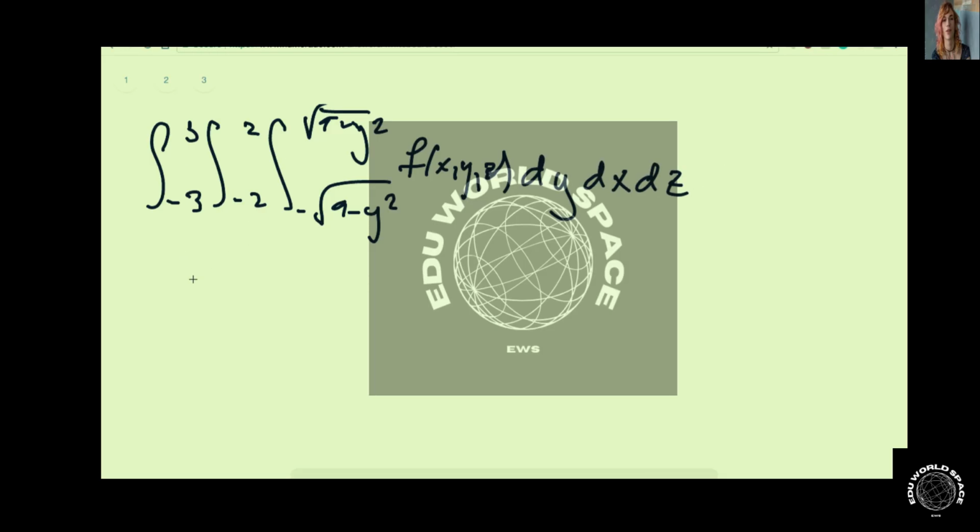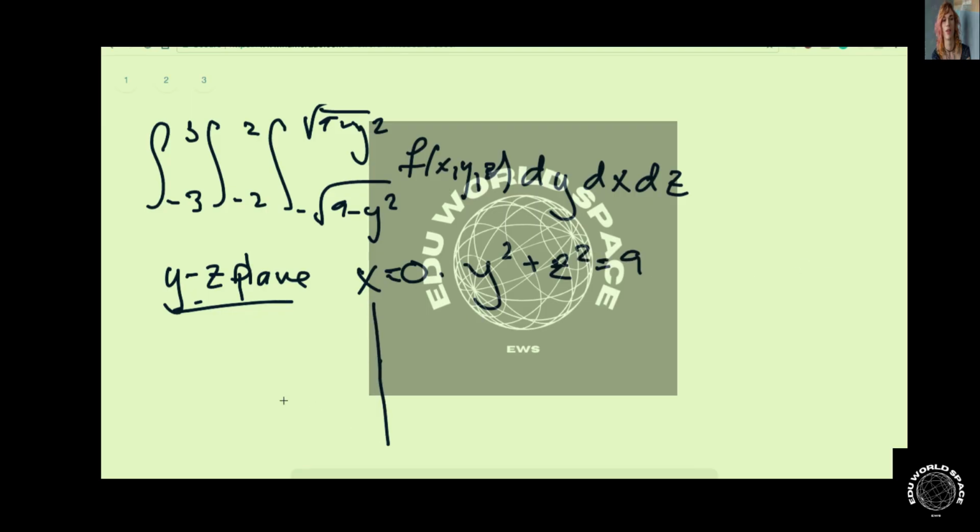All right, so the last one is in the yz plane. Okay, and in the yz plane, we've got x is equal to 0. So we've got y squared plus z squared is equal to 9. So let's draw this in the yz plane. Y, z, 3, 3, -3, -3.